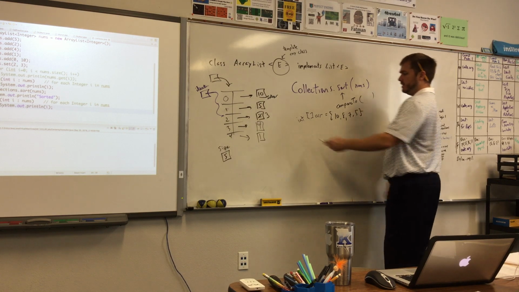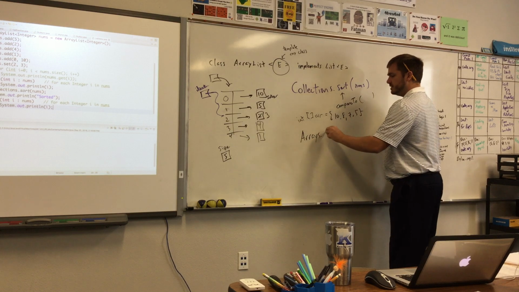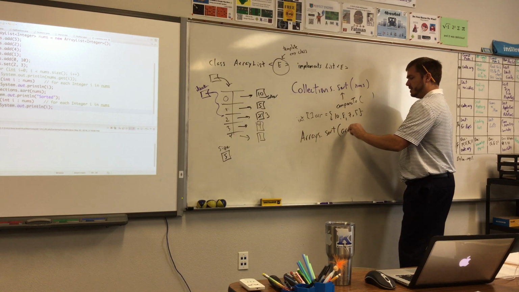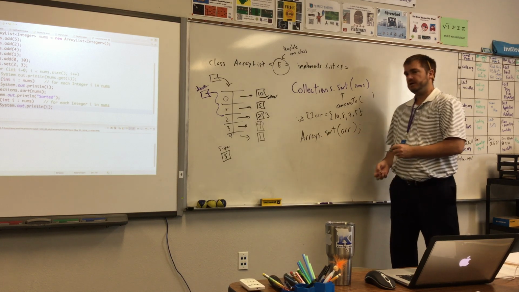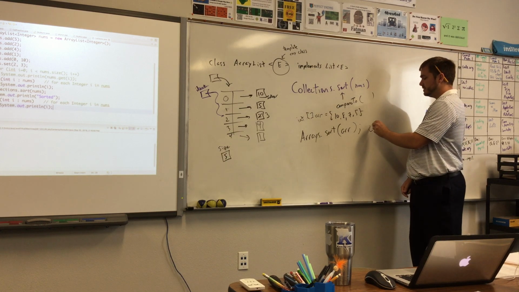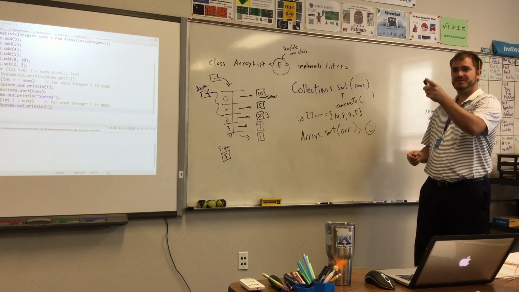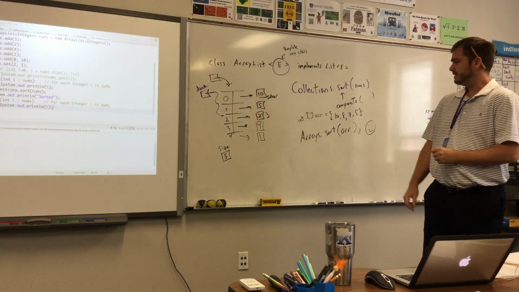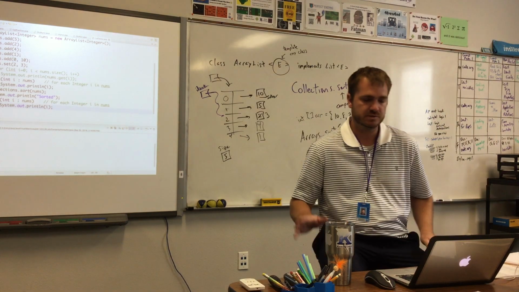You'd say Arrays.sort, and then you put the array inside there, and it'll sort it. And that too will bring a smile to my face and to yours, because it'll be sorted. All right. Other questions?